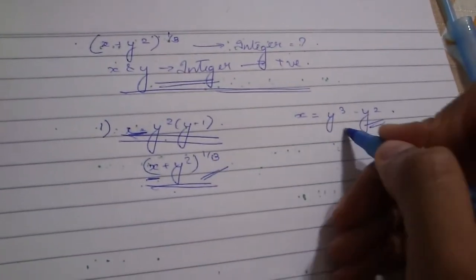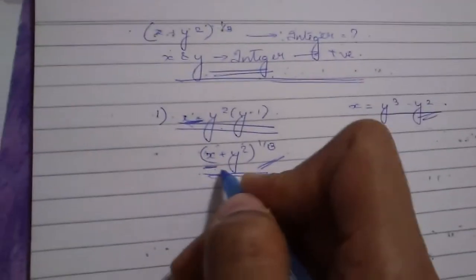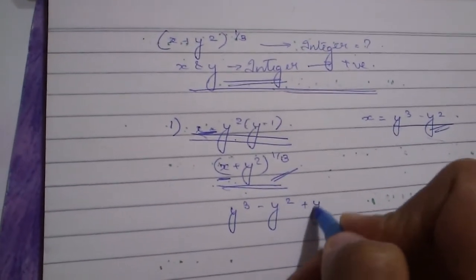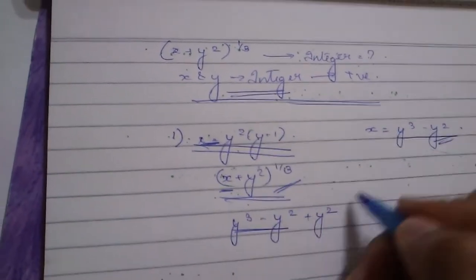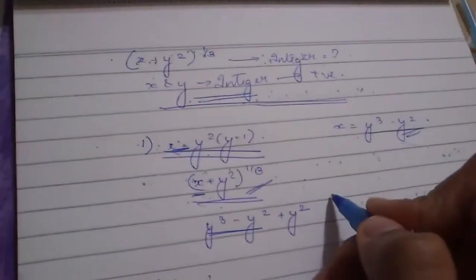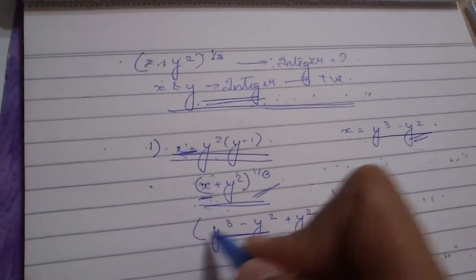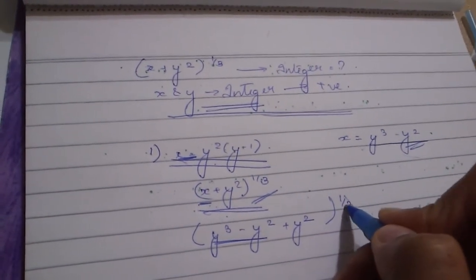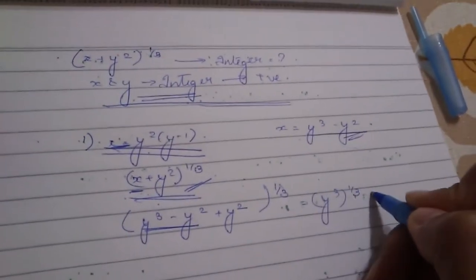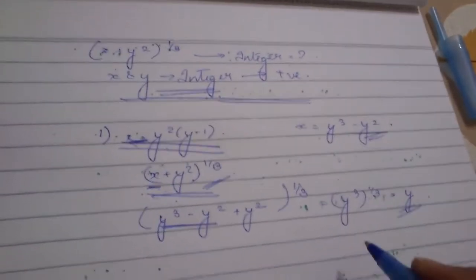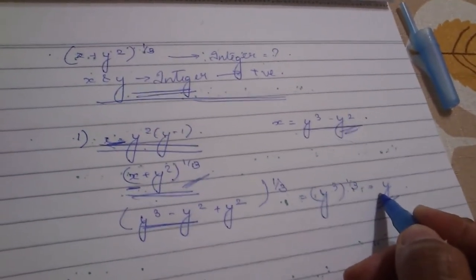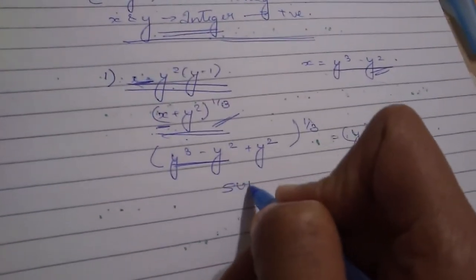If I substitute this expression here, it becomes y cube minus y squared plus y squared. The value of x came from this expression, and this y squared is the already existing y squared here. You find the cube root of that and you find that this is y cubed, and the cube root is y, because we already know y is an integer. Therefore, the cube root of x plus y squared is also an integer. So this statement is sufficient for us.